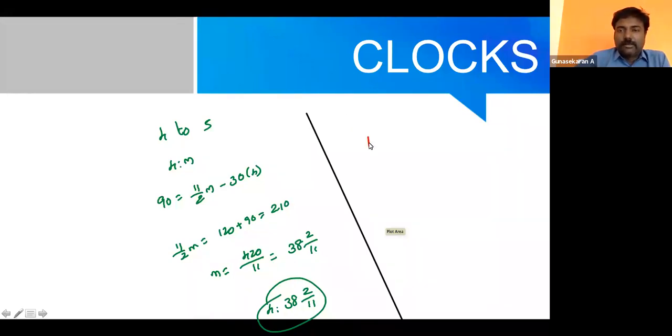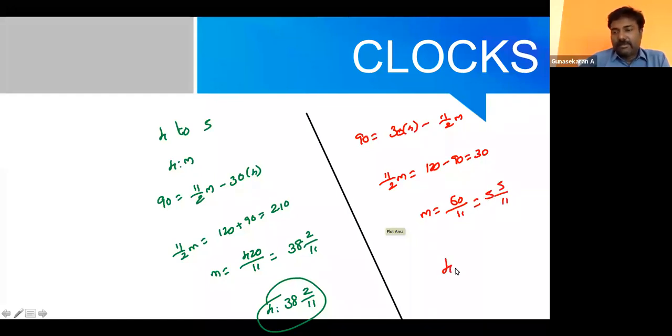And then 11 by 2m is equal to 120 minus 90. That is 30. M is equal to 60 by 11. 5 5 by 11. So 4:5 5 by 11. That is another answer.